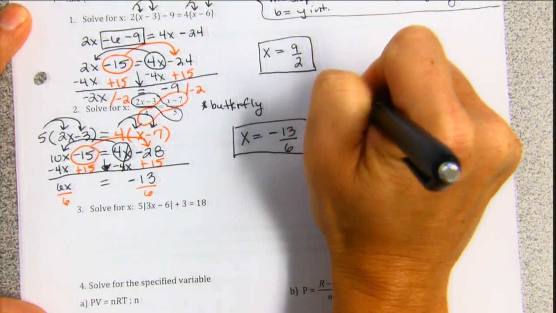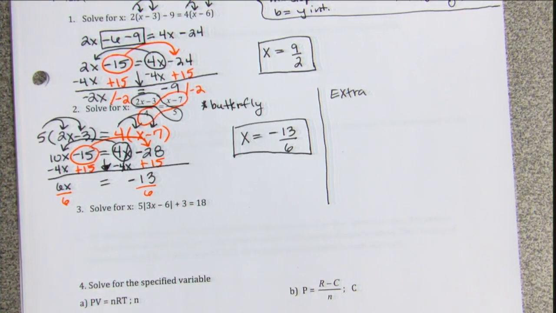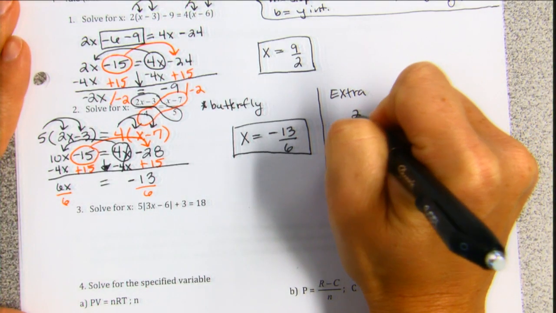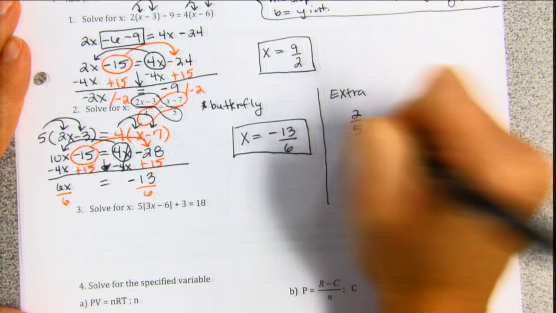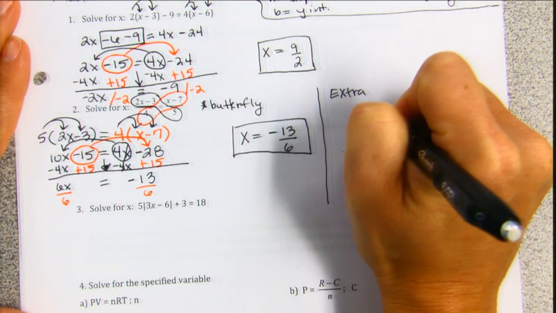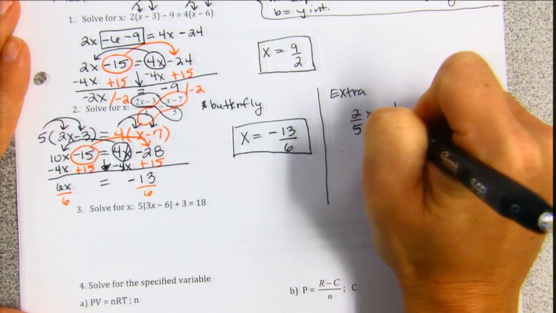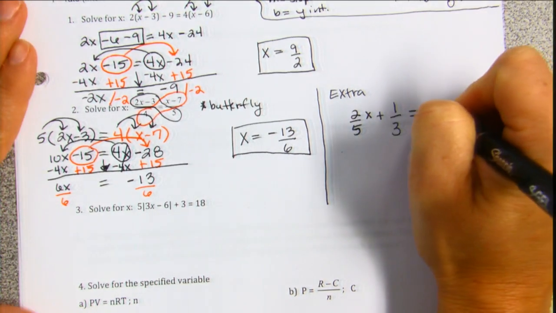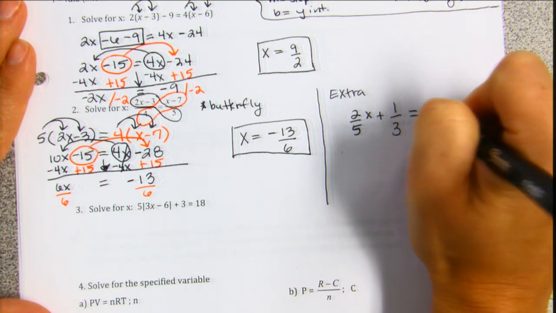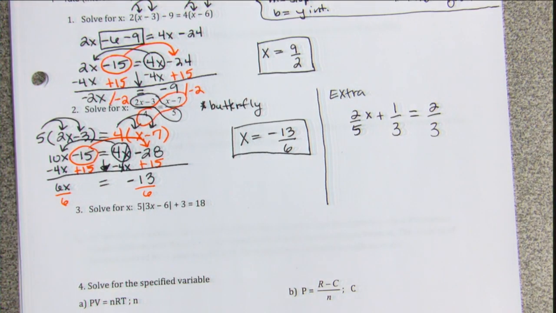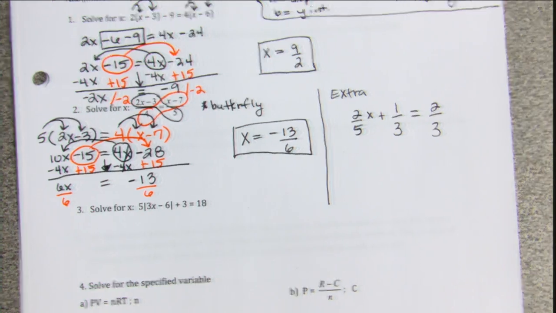Extra thought. This might be a good extra thought. So I would write this down. If you have 2 over 5x plus 1 over 3 equals 2 over 3, could you butterfly that?